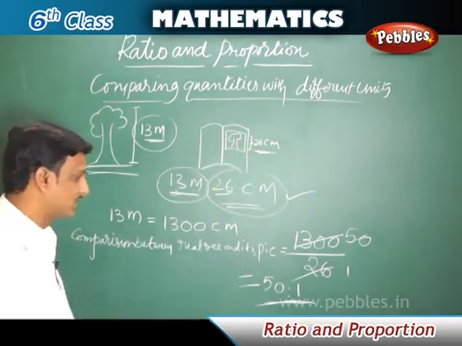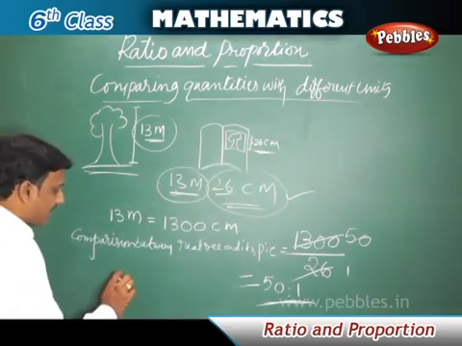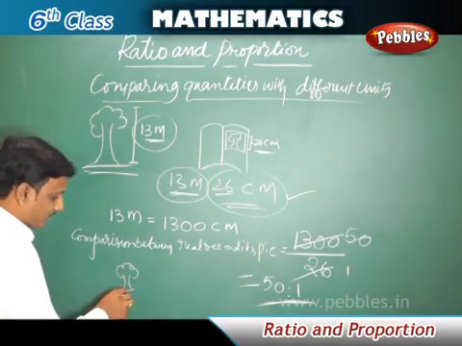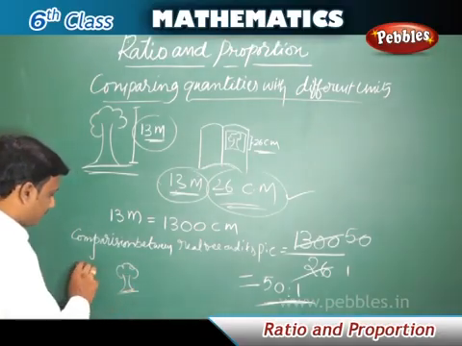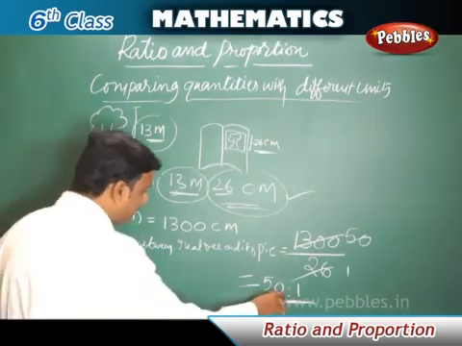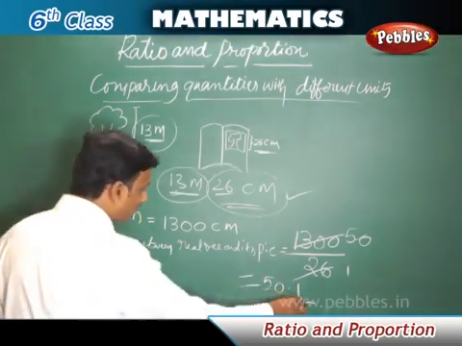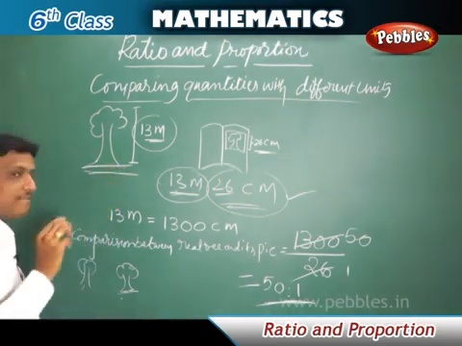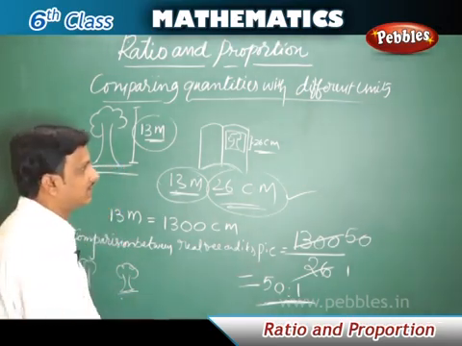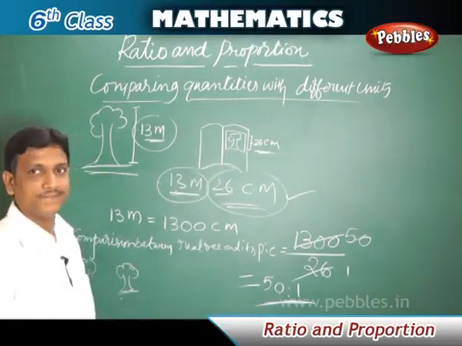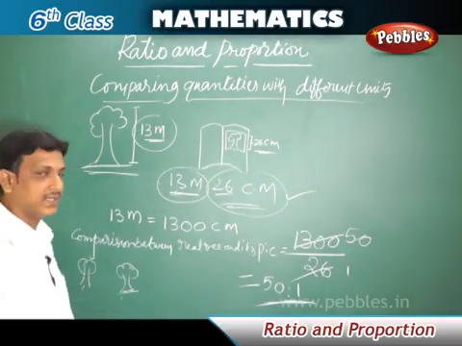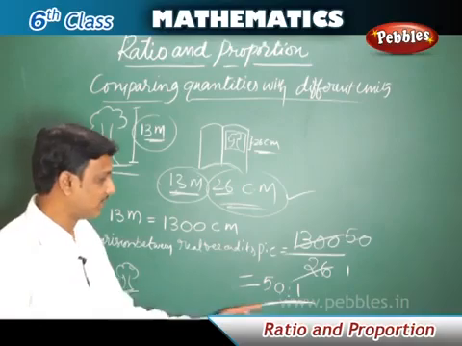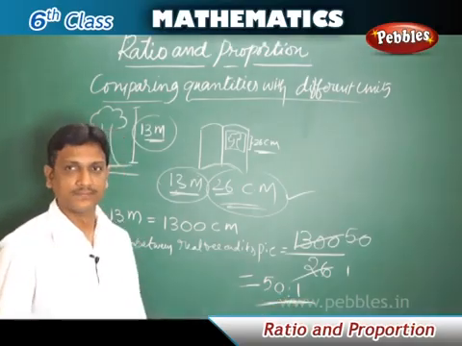That means the picture given in the book and the real tree, that is the comparison. So the real tree number is 50. The picture in the book is 1. That means the real tree is 50 times bigger than the picture given in the book. 50 times. So here is a clear comparison. Right? 50 is to 1.